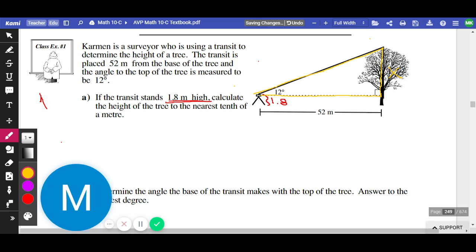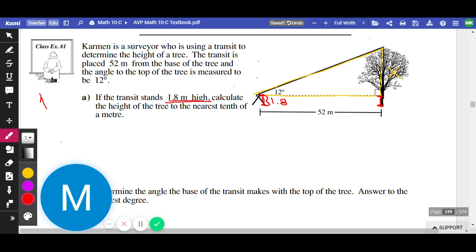If you also look at our triangle, you'll notice it doesn't cover the whole amount of the tree. There's this little gap right here that isn't a part of the tree. That gap is the same gap right here, the height of our little transit machine. So that's why they told you about the 1.8 meter high thing.